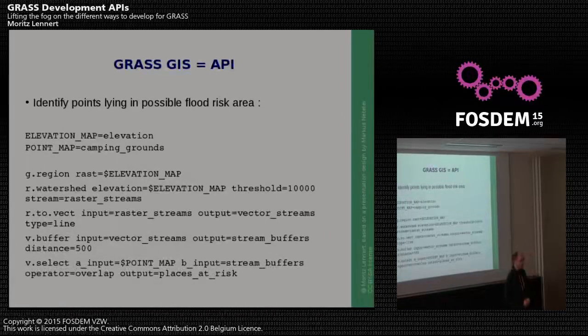Transform that to a vector, buffer it, and then check which of our points, in this case camping grounds, fall into a 500-meter radius around these streams. So you can really easily chain GRASS commands, and a lot of them work with very basic functions, so you can chain those and write your own programs just by doing that.